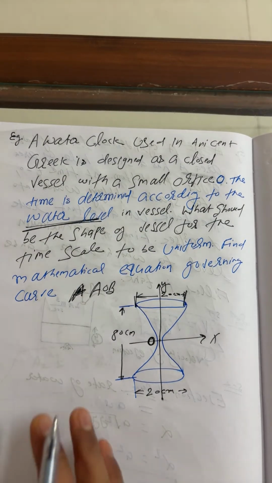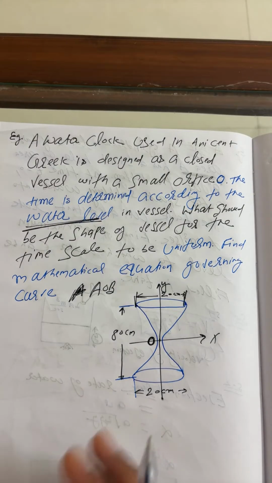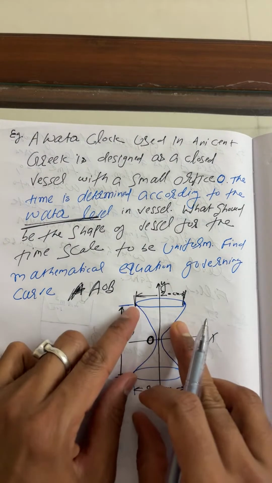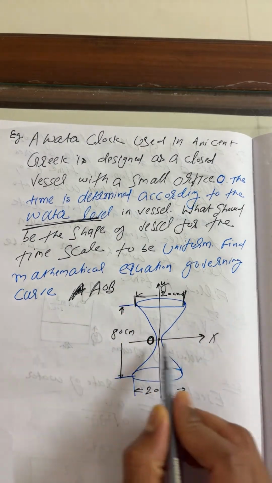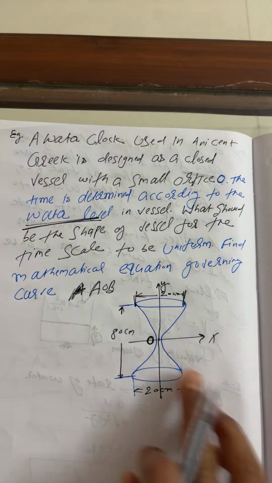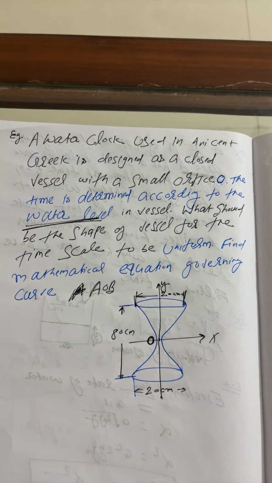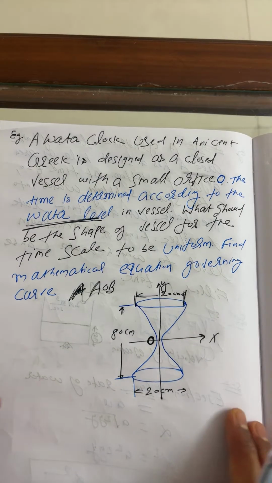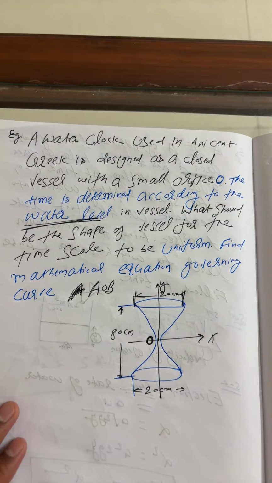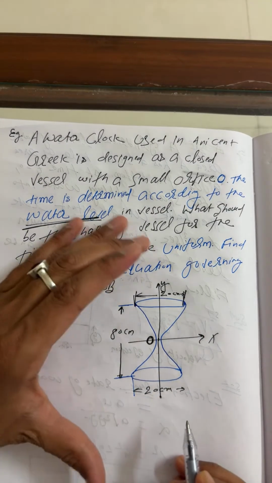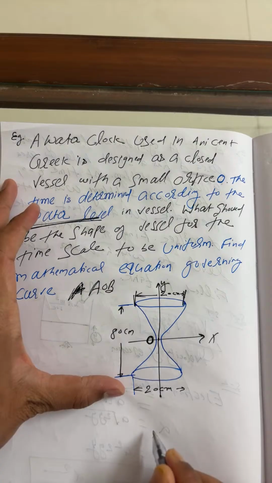So if the water level is at a height, let us suppose, beta, I'm going to divide this into two parts so that we can easily visualize the situation.